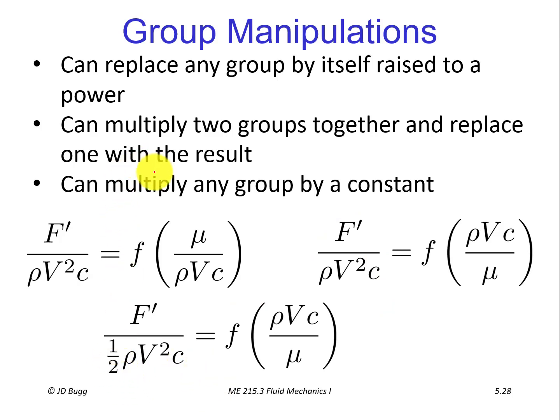The group manipulation we're using here is that we can multiply any group by a constant. I'm basically multiplying this group by 2, or multiplying the denominator by 1/2. So this now is a conventional drag coefficient. This is how we express drag forces in non-dimensional form. The reason that 1/2 is in there is because this quantity, 1/2 rho v squared, is the dynamic pressure that shows up in Bernoulli's equation.